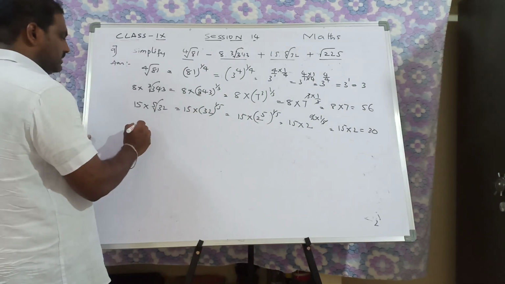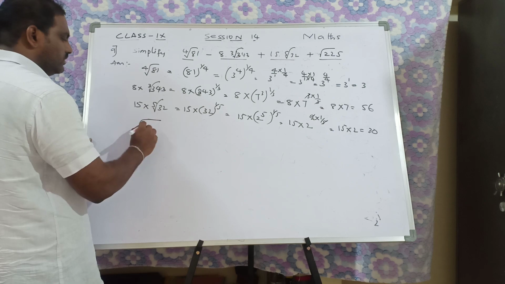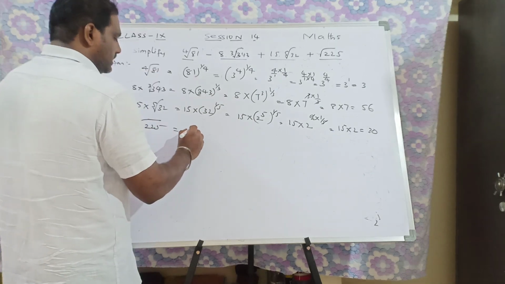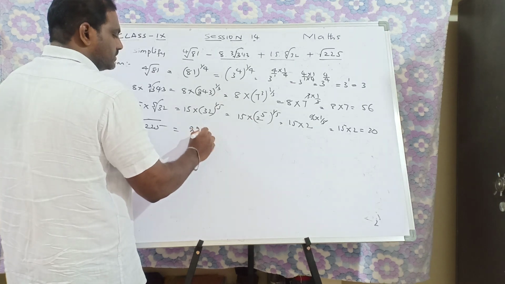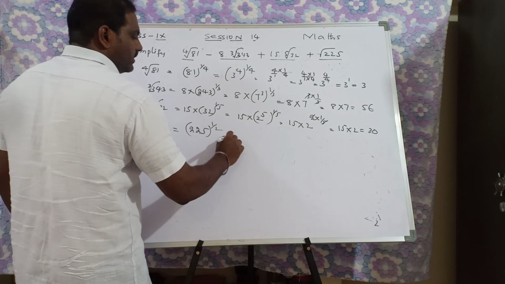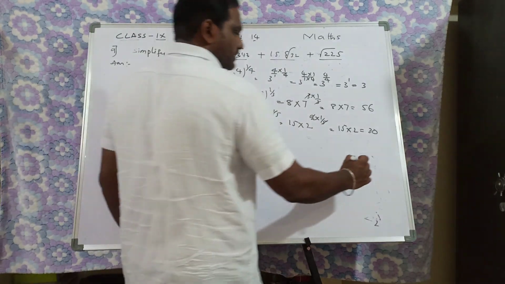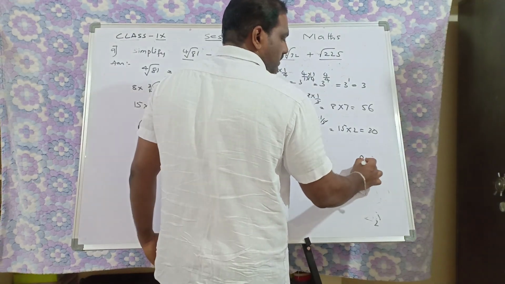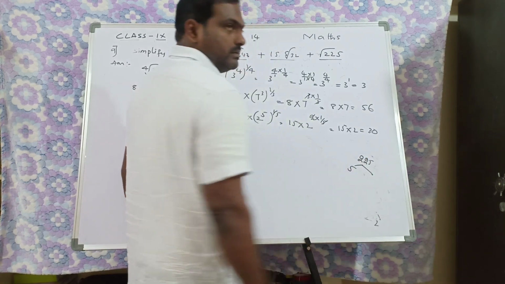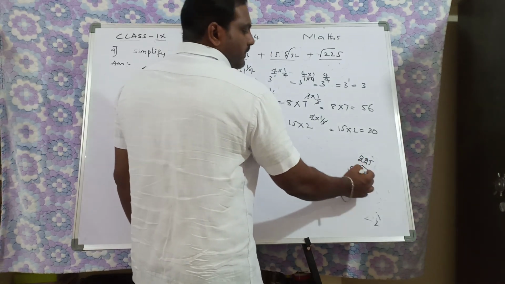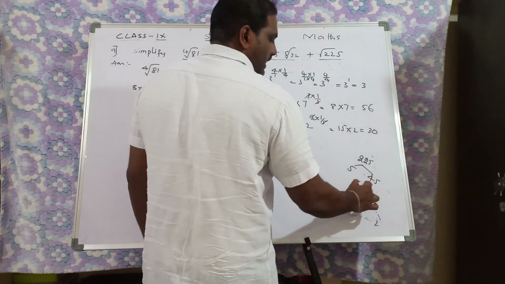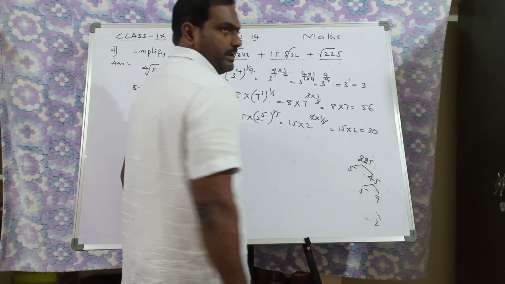And the last step is the square root of 225. How to write 225? 225 can be written as 225 whole power 1 by 2. What is the last digit? 5, so obviously it will go in the 5 table. 5 fours are 20, 5 nines are 45.